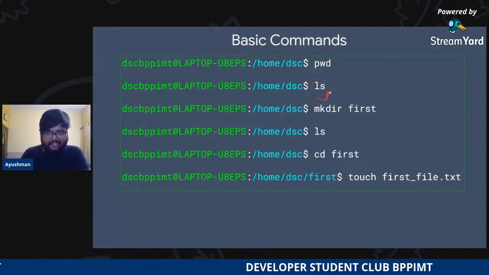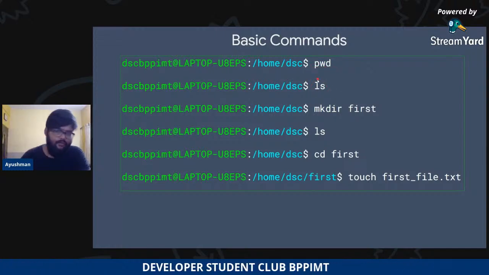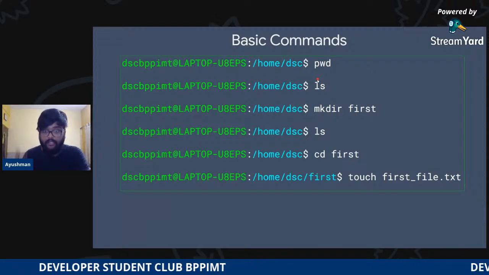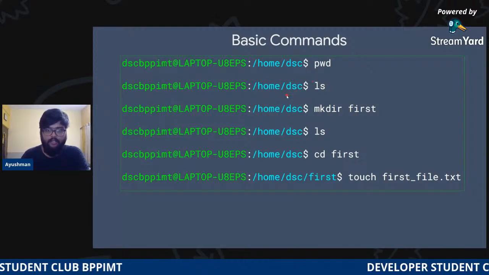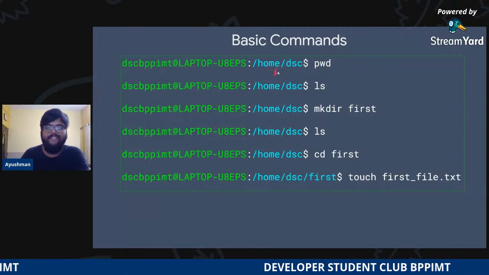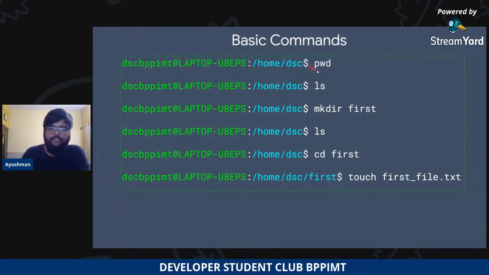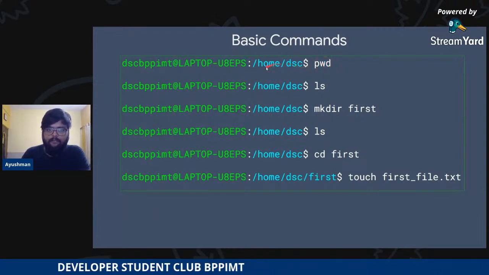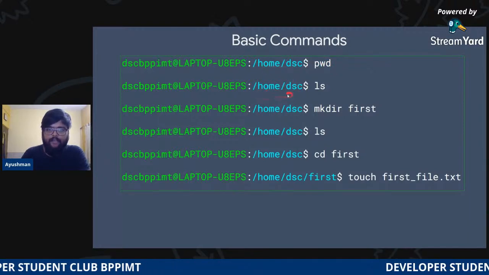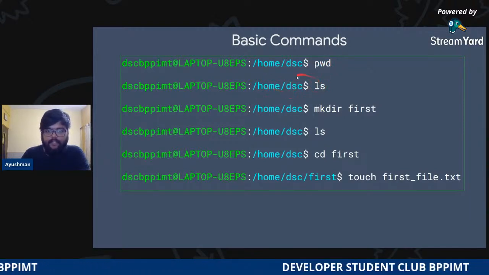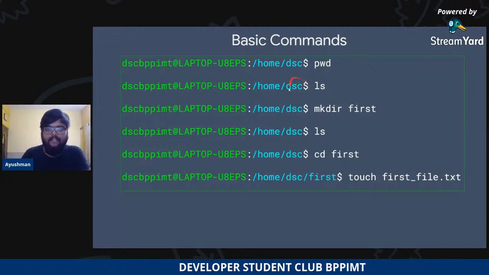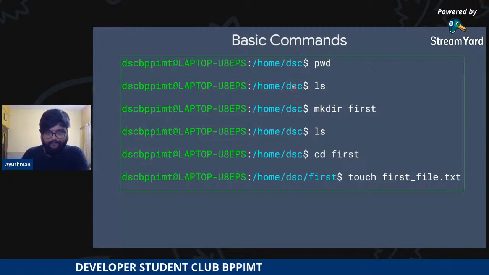Now, if you write ls, it will list all the files and folders inside that particular directory. Suppose, for instance, here I am at home/dsc. My pwd will return home/dsc. If I write ls, it will return all the files that are in this dsc folder.